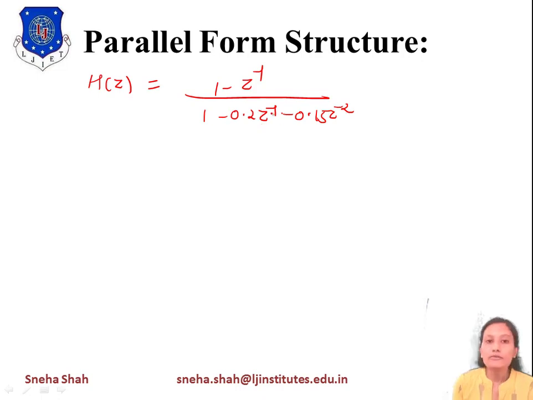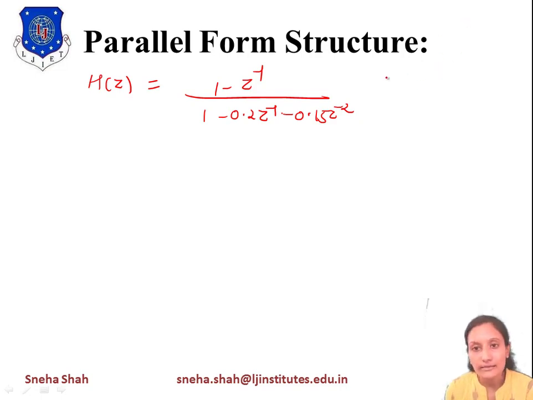The rule to find the parallel form structure is, first of all we convert the whole term in terms of z, then we factorize the denominator part, then we define it as a upon first factor plus b upon second factor, likewise, and then after simplification we represent it in parallel form.